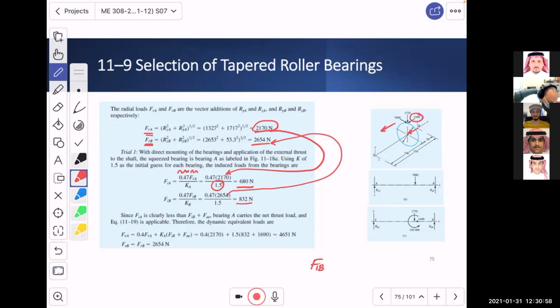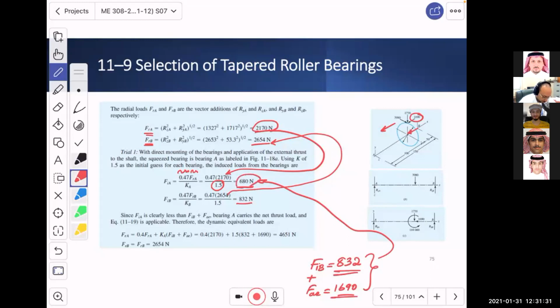So I will calculate F I B, which is equal to 832 plus F A E, which is equal to 1,690. I mean, without a calculator, if you look at these and compare them with this, which one is bigger? The sum. The sum of this one plus this one is bigger than this one.